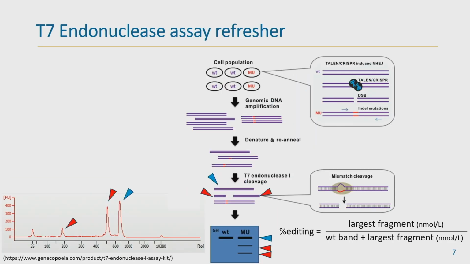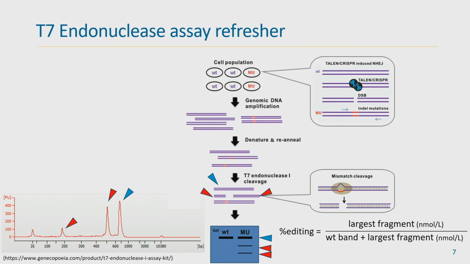To assess our VLPs' cutting efficiency, we use a T7 endonuclease assay. To give you a refresher of this assay, when you edit a population of cells, only a fraction of the cells get edited. So when you PCR amplify the target locus, you'll get some amplicons with the mutation and some amplicons without the mutation.